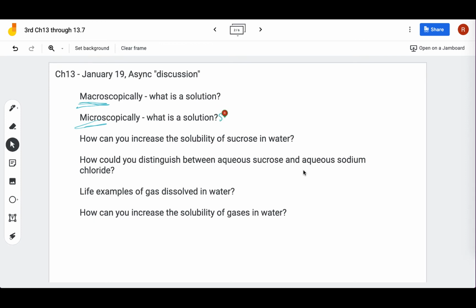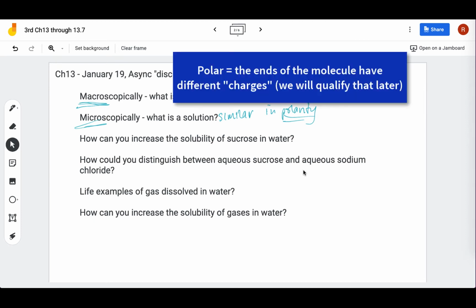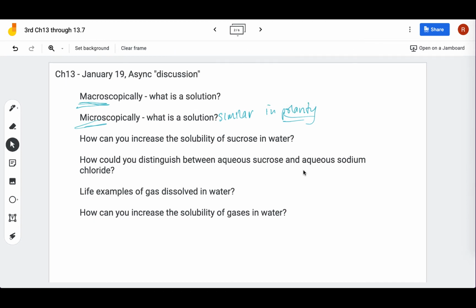When you go back to middle school science, you talk about things being polar and nonpolar, and how water is very polar. So in order for one thing to dissolve in another, they must be similar in polarity. Something decidedly nonpolar, like oil, for example, does not dissolve in something decidedly polar, like water.